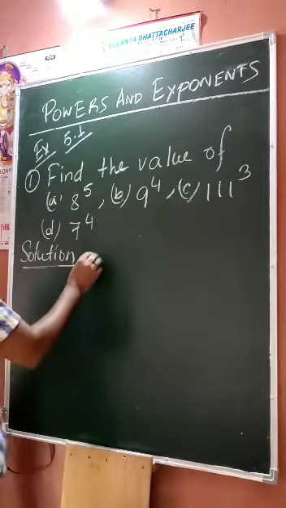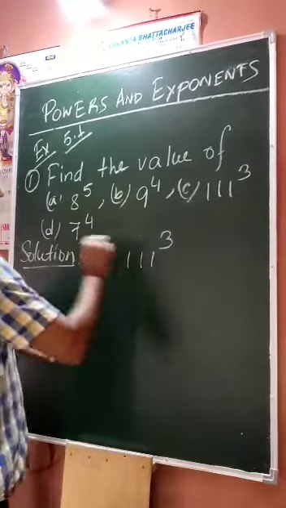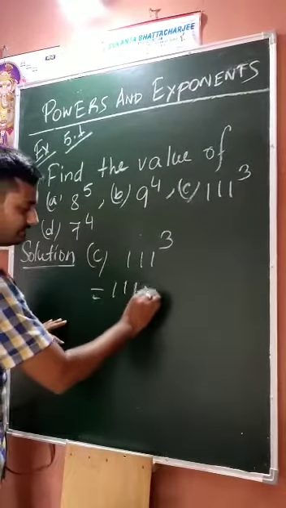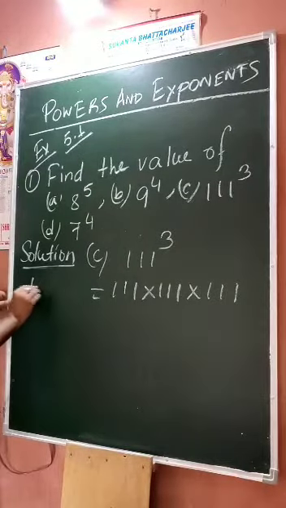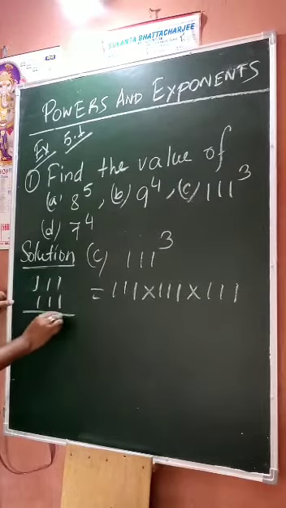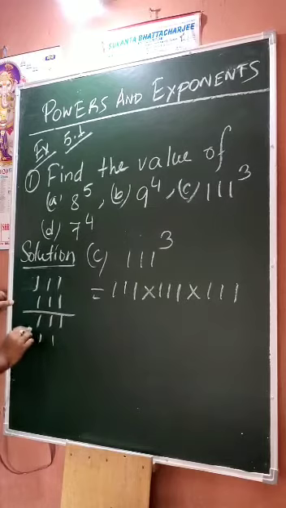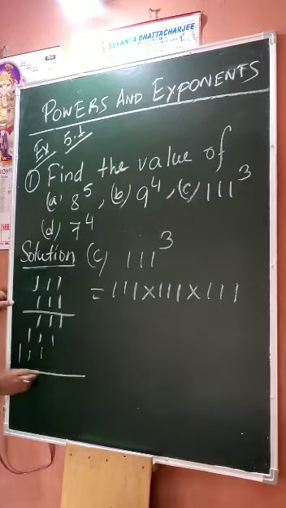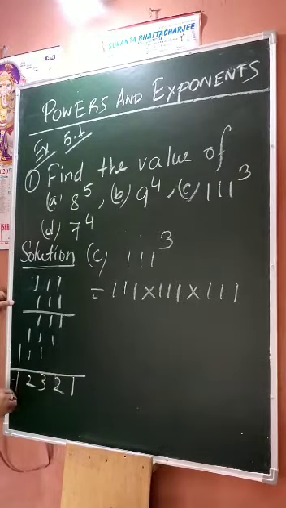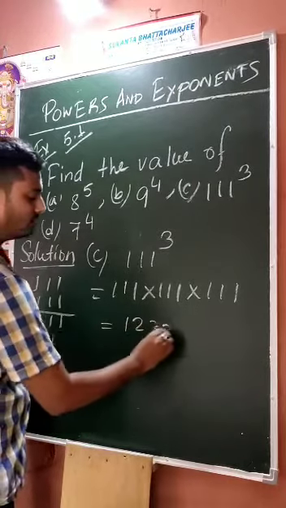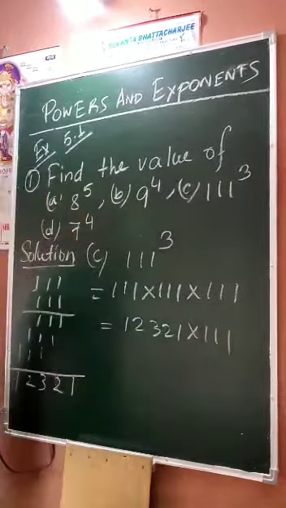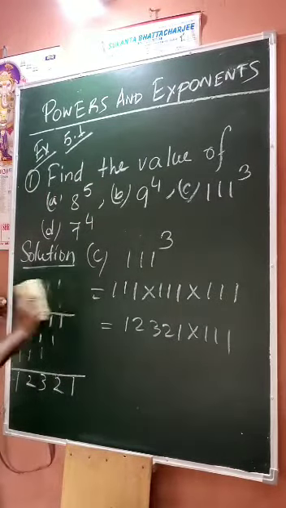Now question number C. 111 cubed, that means 111 into 111 into 111. So you have to multiply, you have to do lots of work here. 111 into 111 gives 12321. Then 12321 into 111, again you have to multiply it like this.